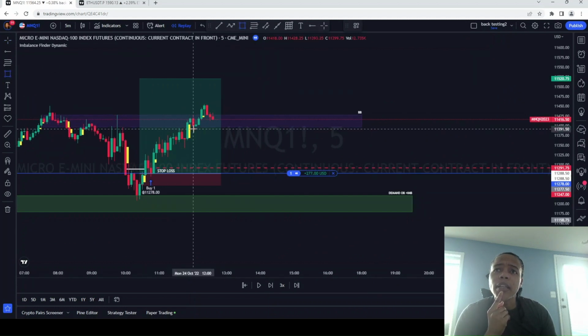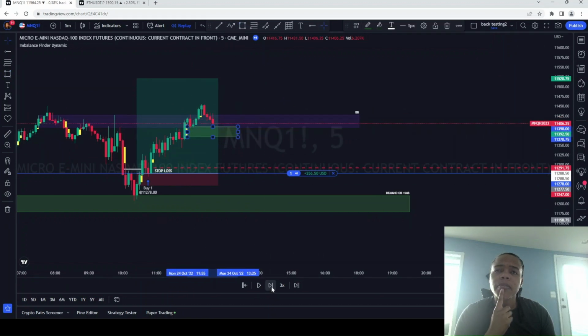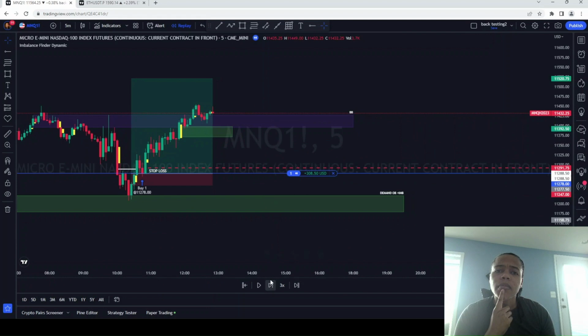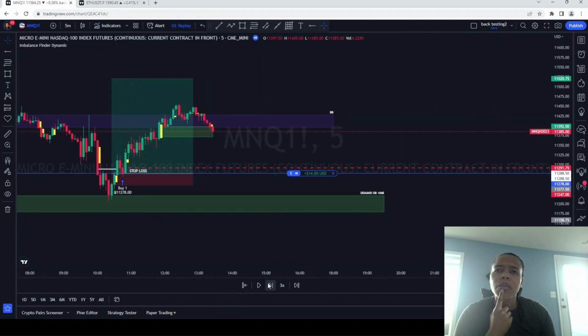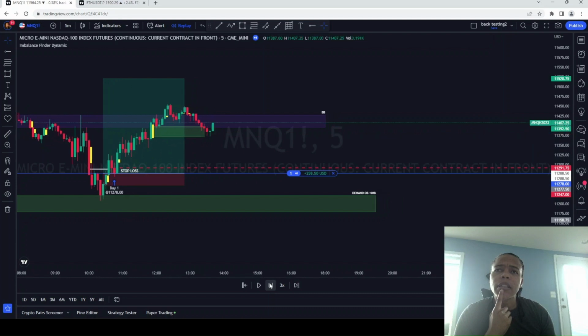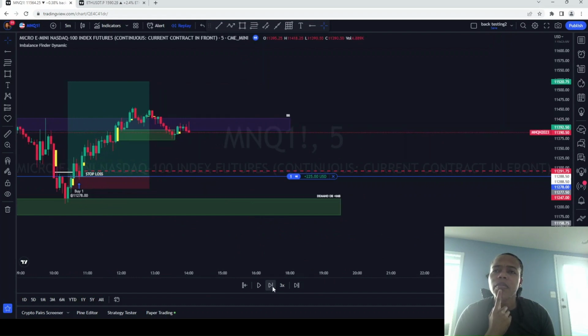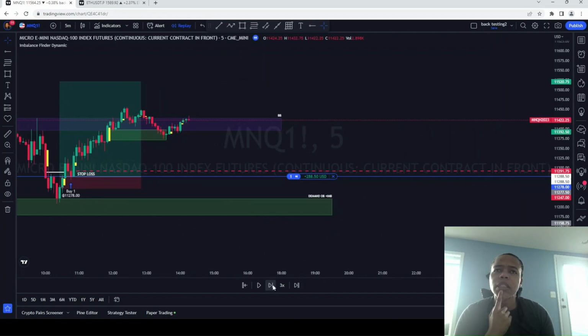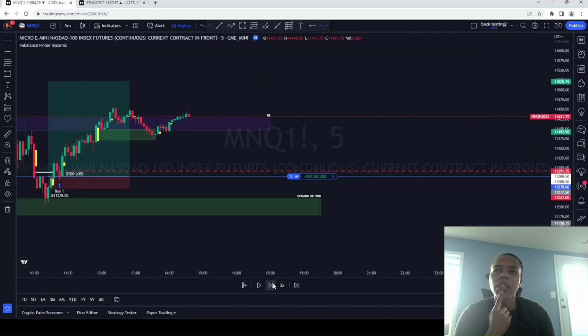At this point, I don't expect them to go any lower than here again. It's okay if they dig into it, but I don't want to see them get any lower. So let's see if they're respecting it. Looks like they're respecting it. We've come into the breaker for a potential second entry.